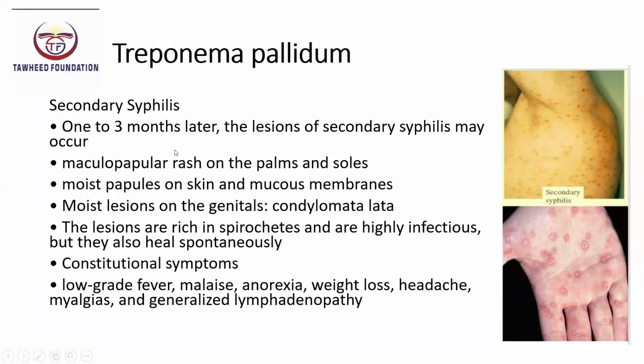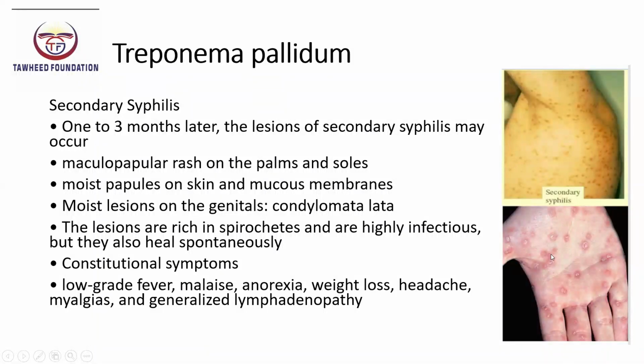So, in secondary syphilis, 1 to 3 months later, the lesions may occur: a maculopapular rash on the palms and soles, as you can see in these images, and moist papules on skin and mucous membranes as well. Moist lesions on the genitals are known as condylomata lata.